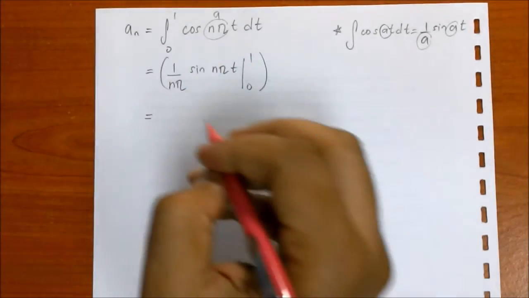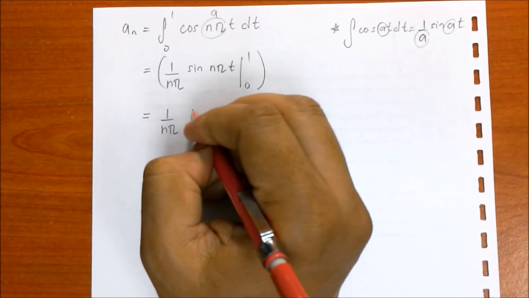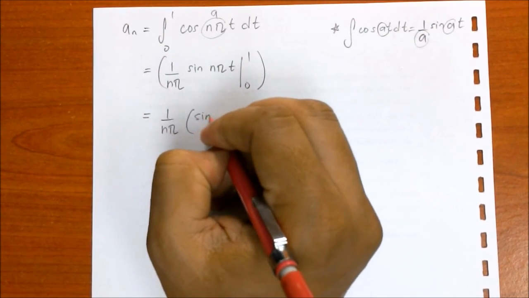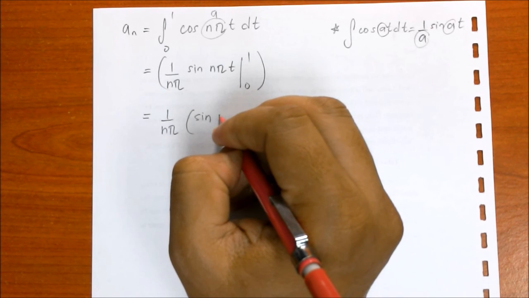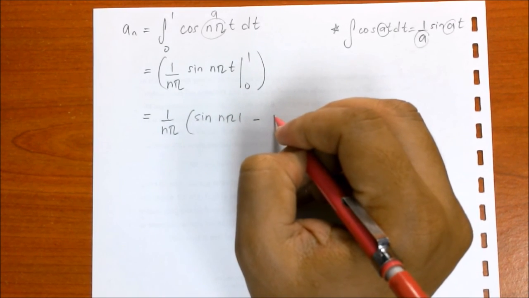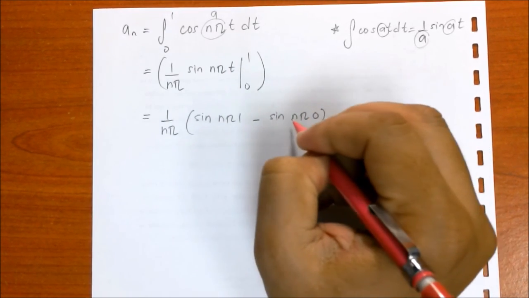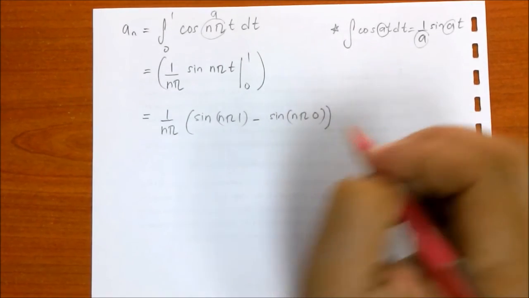So that is 1 over n pi, sin n pi times 1 minus sin n pi times 0.